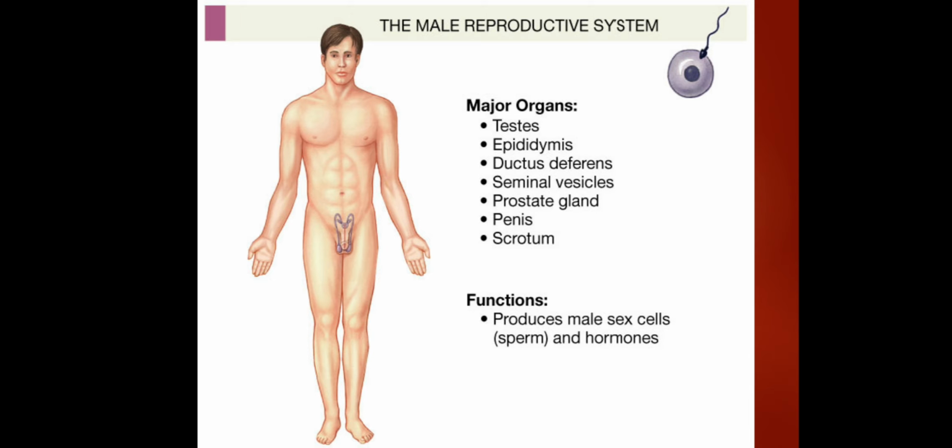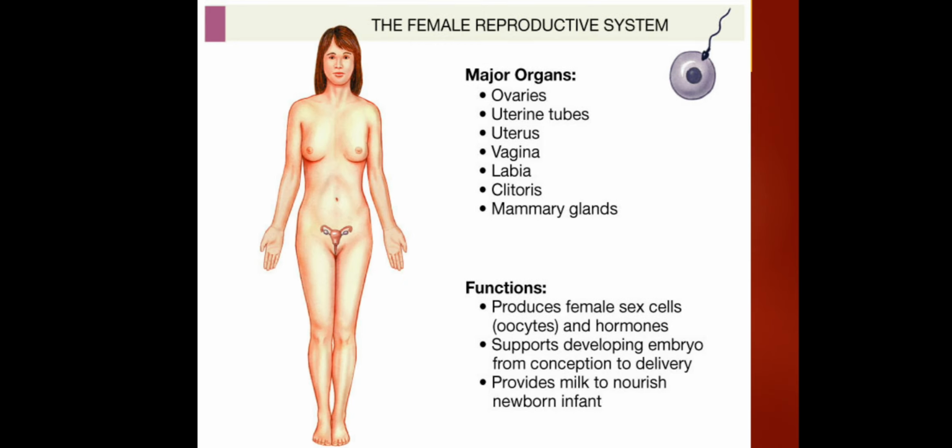Okay. So let's proceed now to the next part of the reproductive system. We have the female reproductive system. In the female reproductive system, we have the ovaries, uterine tubes, uterus, vagina, labia, clitoris, and mammary glands.